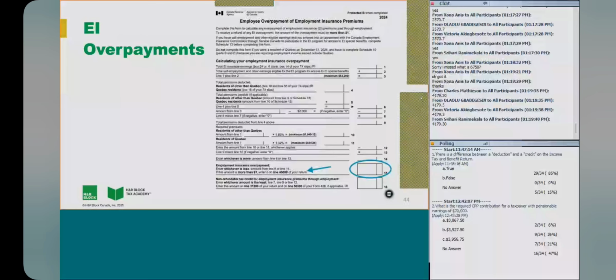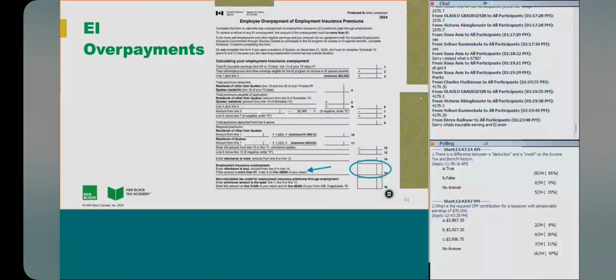So first of all, touching on EI premiums. If someone overpays EI premiums, and this is less likely because, again, there's no exempt amount, there's no proration conditions which apply. You're either earning employment income or you're not.